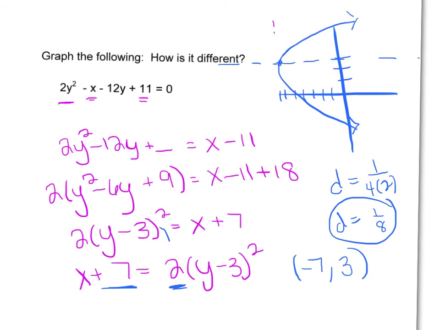It's 1/8 to the left, and my focus point is 1/8 to the right. So if you look, the vertex is at x equals -7, so my directrix is a line at x equals -7 and 1/8, and my focus point is at -6 and 7/8, comma 3.